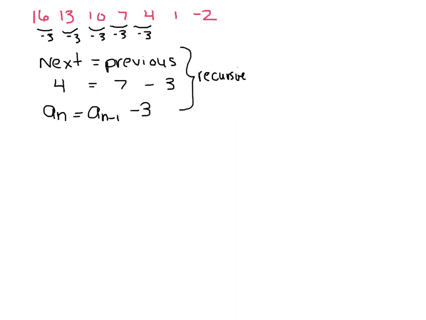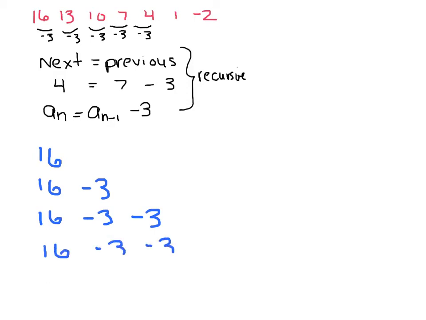So let's take a look at the same problem with my explicit definition. My first term is 16. My second term is 16 minus 3. My third term is 16 minus 3 minus another 3. My fourth term is 16 minus 9, which is 7. So I add in term numbers, first term, second term, third term, fourth term.